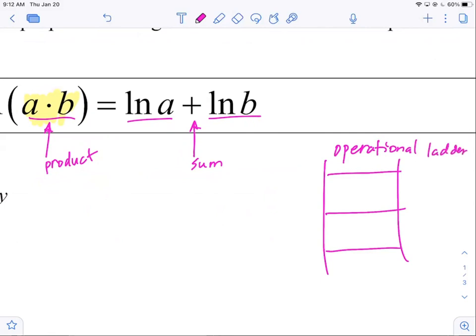We know what it is. We have addition and subtraction on the lower rung. Then we have multiplication and division on the next rung. And up here we have, I'll just write it, exponentiation. Okay. So what we did here is we took multiplication and we brought it down to addition.